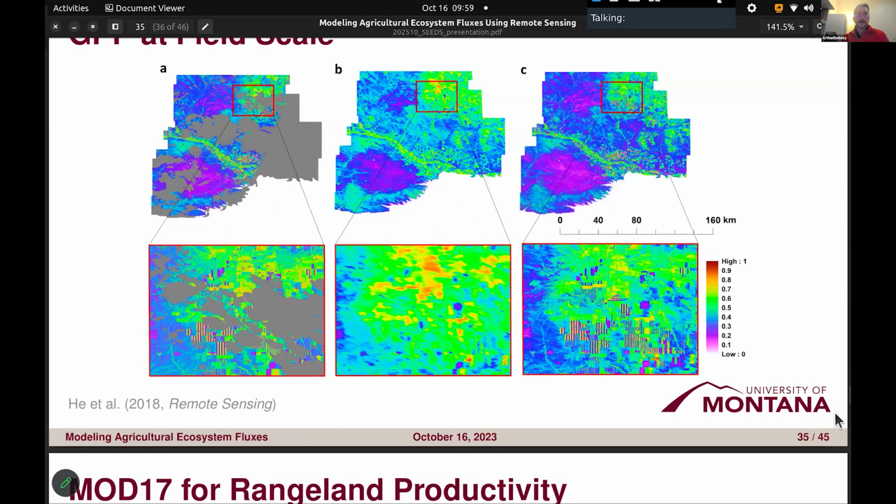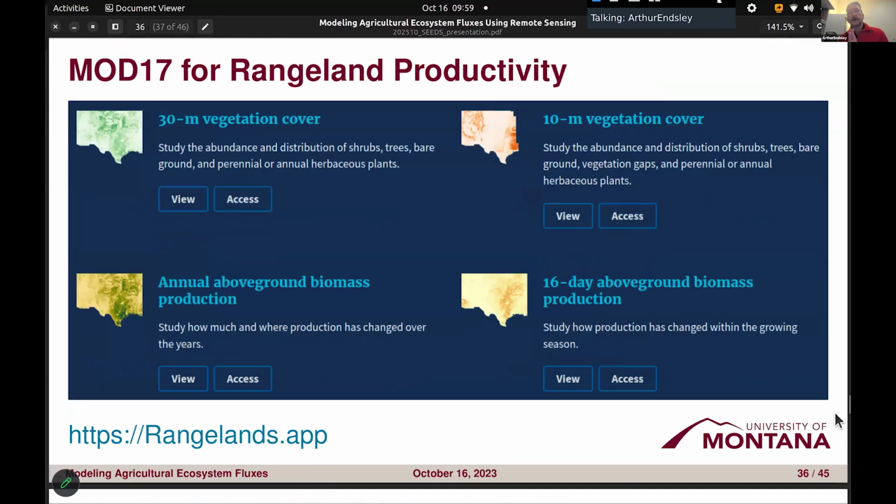Okay. And that's actually the basis for our estimates of rangeland productivity. Some colleagues of mine working in this lab have spent years developing a measure of rangeland productivity, and this is essentially based on Mod 17. They've used a suite of machine learning algorithms to map vegetation cover, the fractional vegetation cover among different annual and perennial grasses, among shrubs and trees.